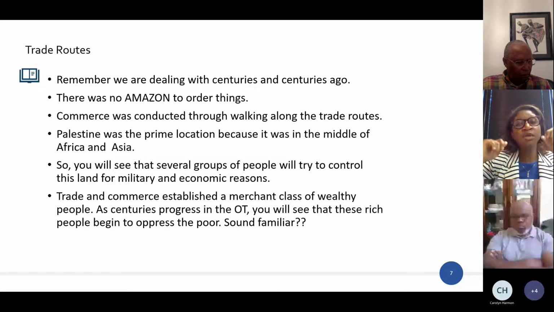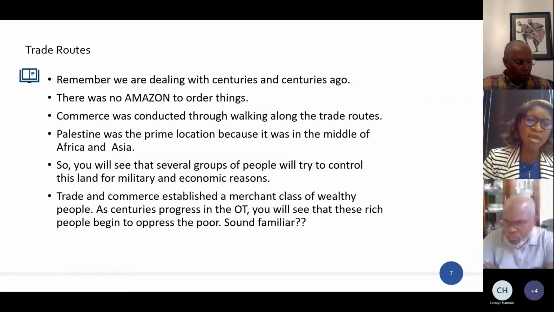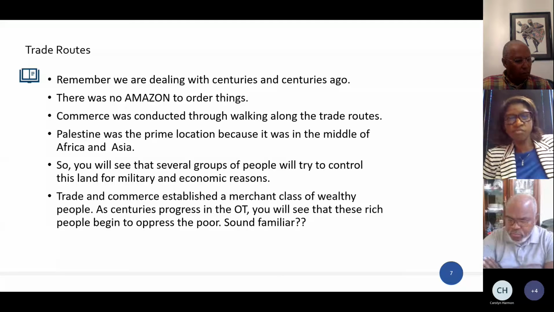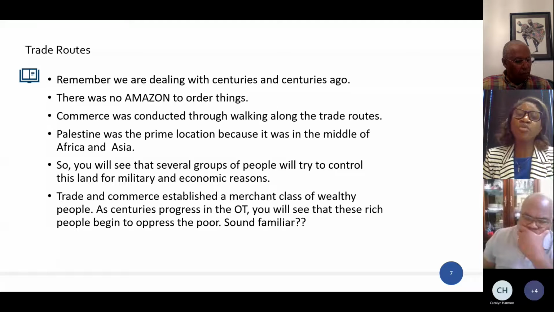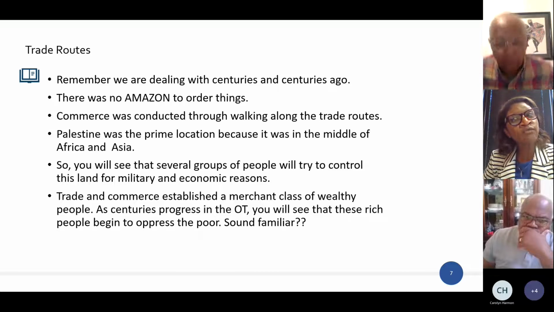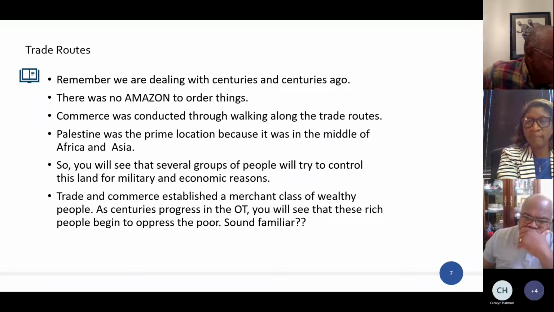Not that having wealth was bad, but they were abusing people and not doing what they should have done with their wealth. They began to oppress the poor. So I also put down there that these rich people begin to oppress the poor. Does that sound familiar to you? Yeah. Nothing new under the sun.